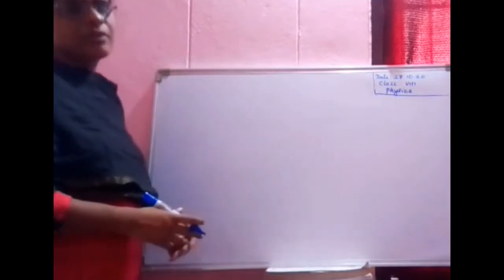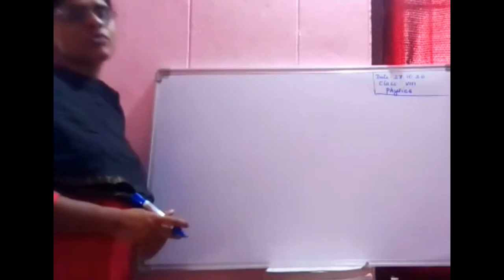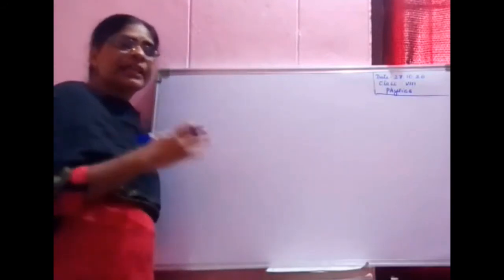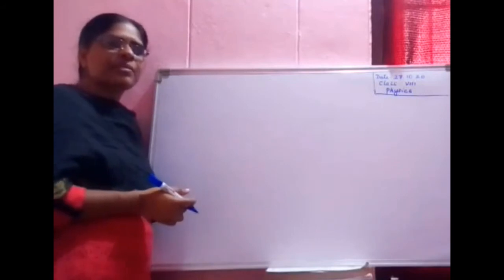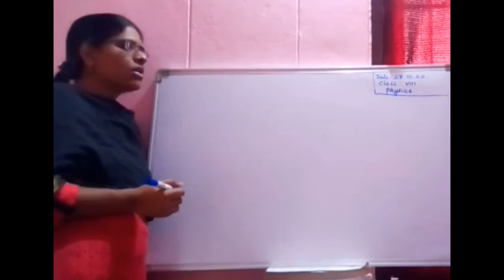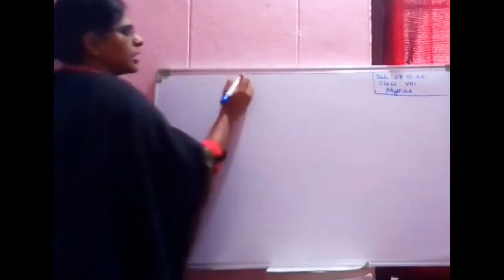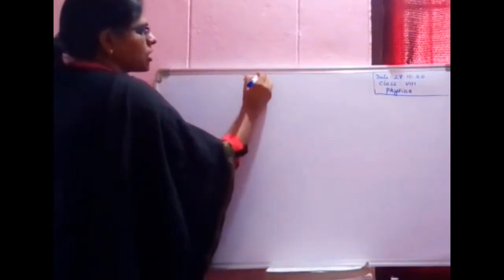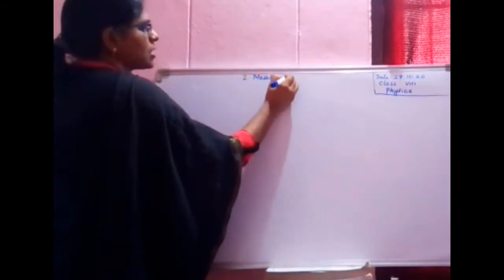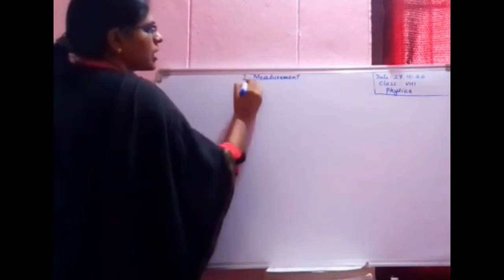Today, we will learn about how to find the volume of a ring using the measuring cylinder. Here, the second chapter is measurement. Under this we have studied about Eureka can.